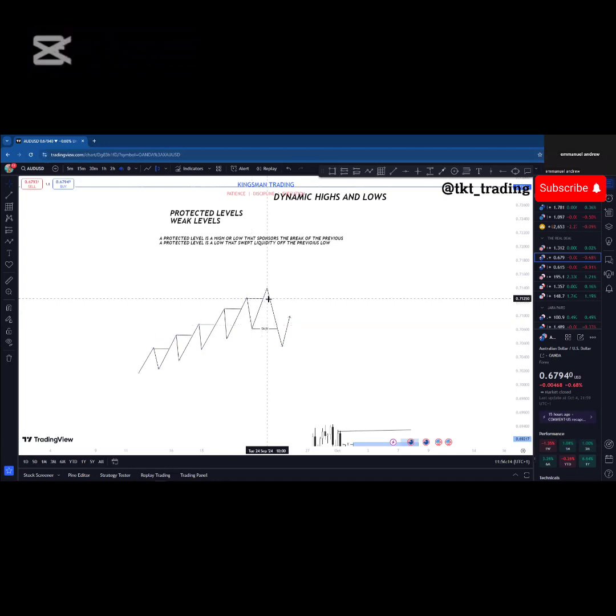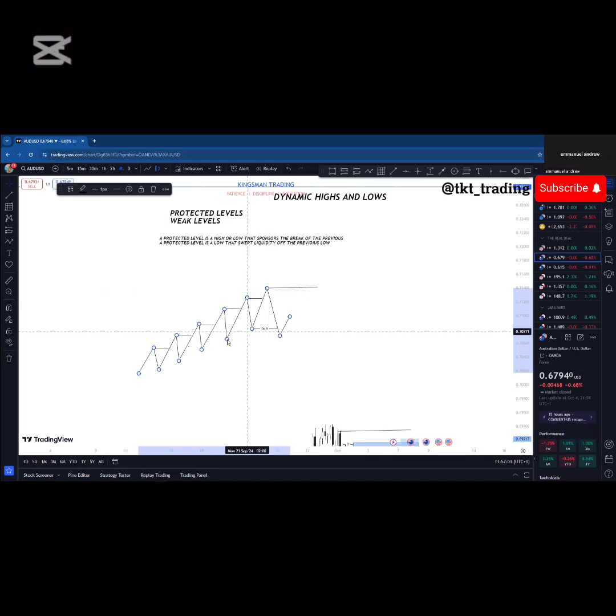Automatically, when we see a shift in market structure like this, this new high that we expected to be a weak high before, we expected price to retrace from this protected level and not go beyond it. But the moment price failed to respect this level and goes beyond it, automatically this zone becomes a protected level and not a weak high.